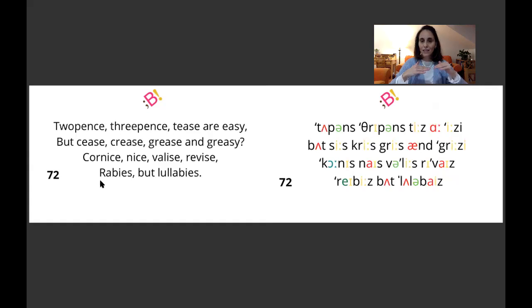Cornice, nice, valise, revise, but lullabies. ¿Ves esa segunda A, no? Que se cuenta como una schwa, que es una E, so lullabies. And they are saying, if revise, but lullabies. So as you can see, one's ending this and the other in vice.